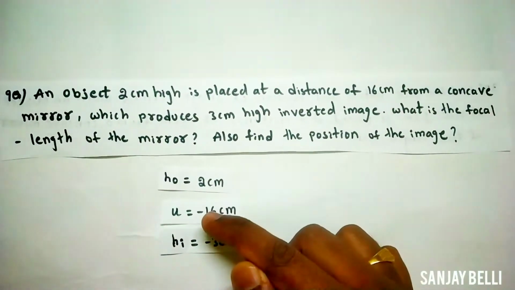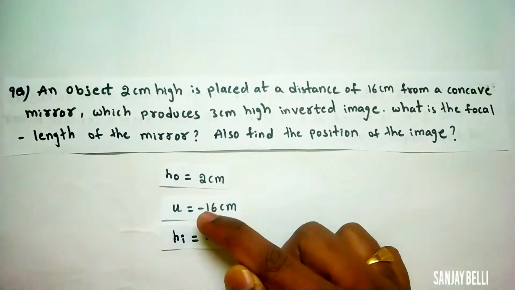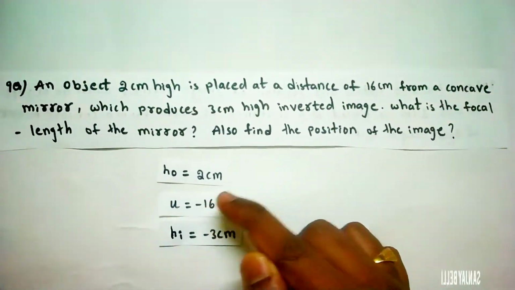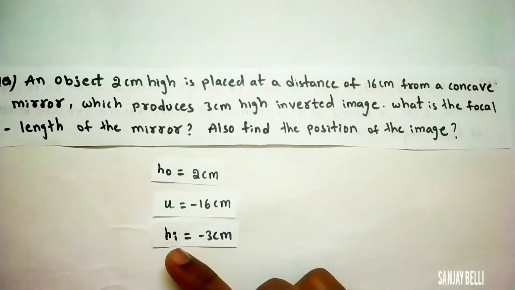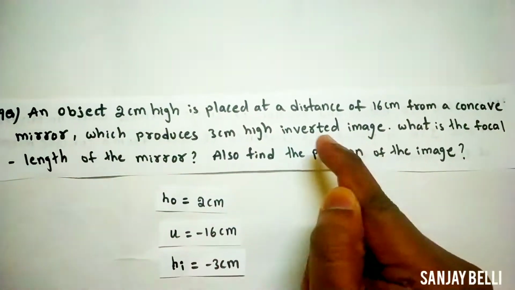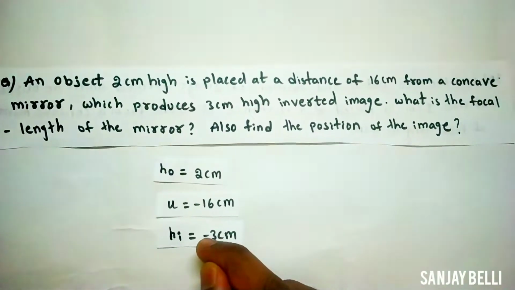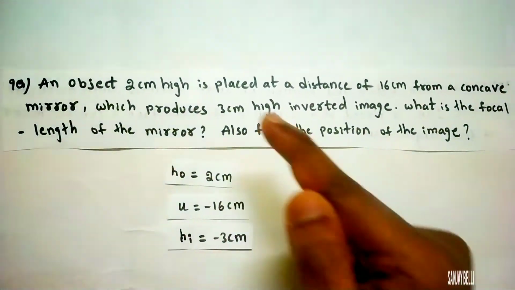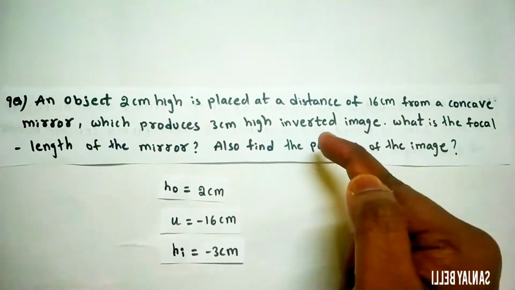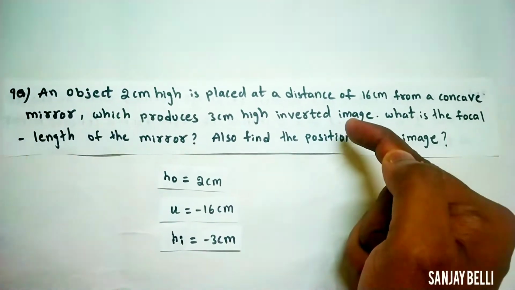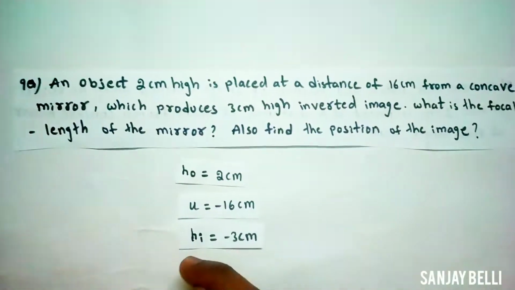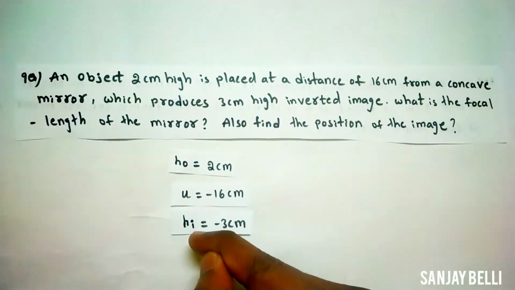So here I kept minus for object distance because of the sign convention. Then why did I keep minus for image height? Because it is an inverted image. An inverted image is represented with a minus sign. So this 3 centimeters is nothing but image height. So image height is represented with Hi.